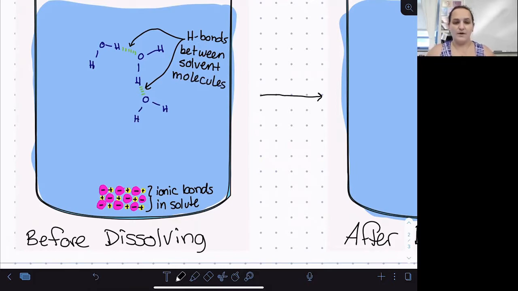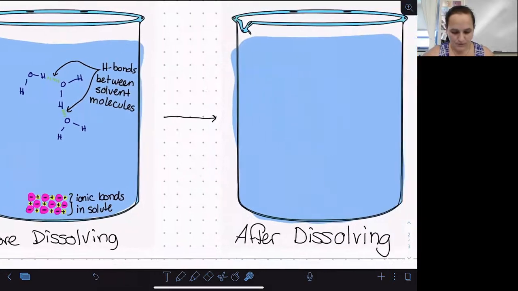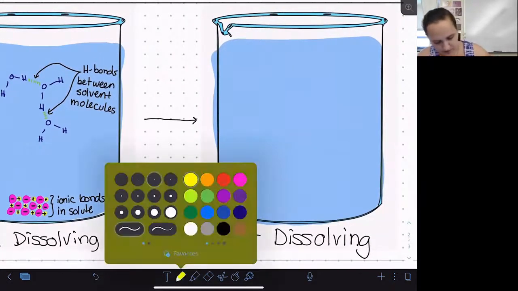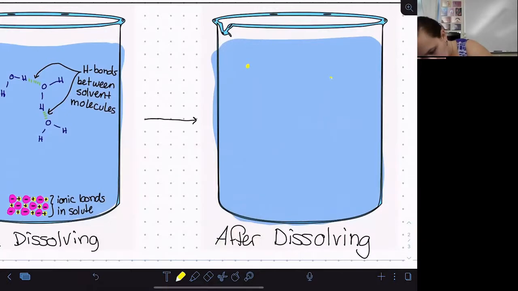So when our solute dissolves, we know that it's going to break apart. So all of these ions are going to end up separated all over our solution. So we come over here, we can represent that as we have before, where everything is just randomly scattered throughout the solution.